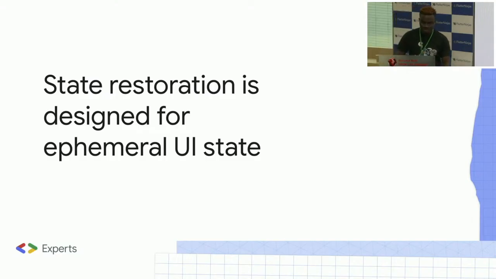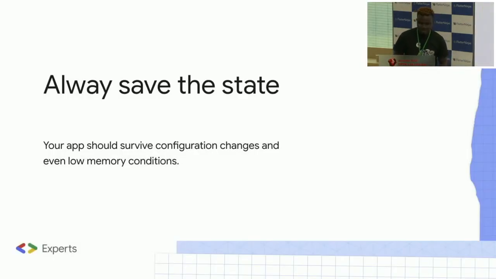You should try as much as possible to always save the states, right? Your app should be able to survive low memory conditions. So even at the minimum level, try restoring navigation. At the base level, do that.